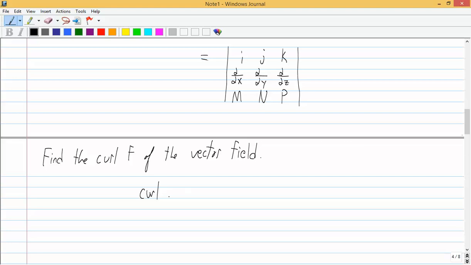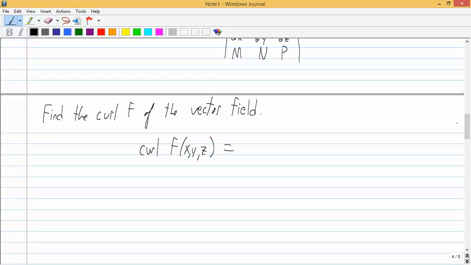So curl F of x, y, z is equal to... I guess I need to tell you what F is equal to. So I'm going to put that up here. Sorry. F of x, y, z is equal to 2xy i plus x squared plus z squared j plus 2yz k.